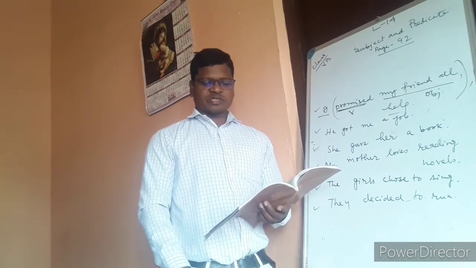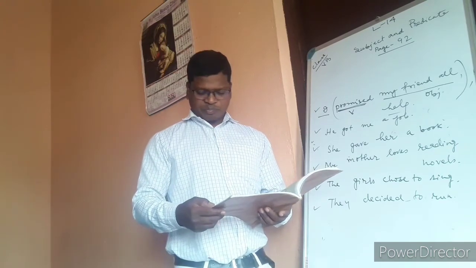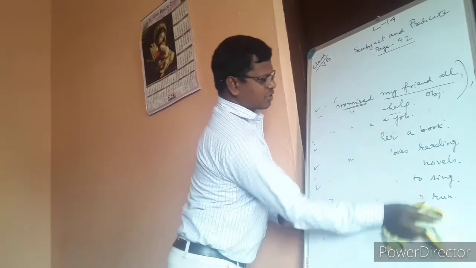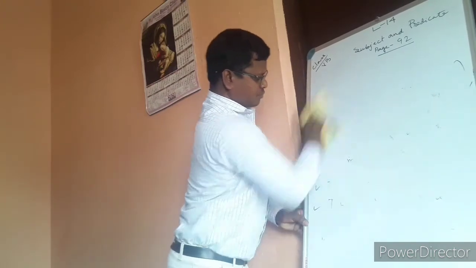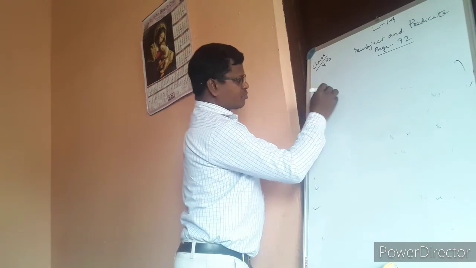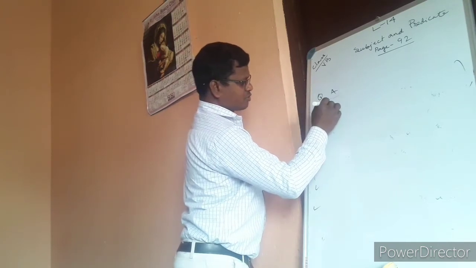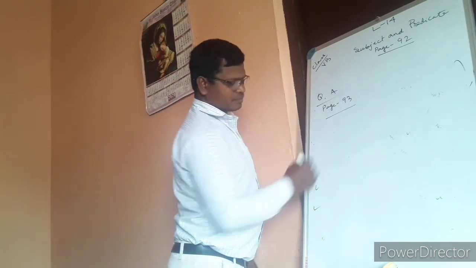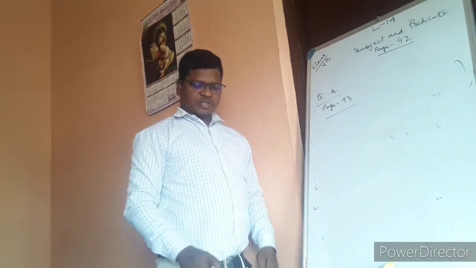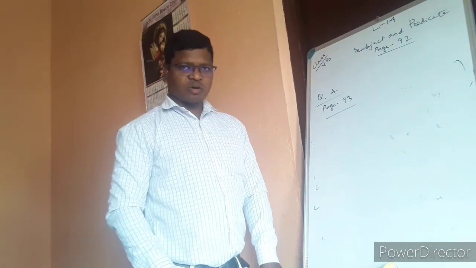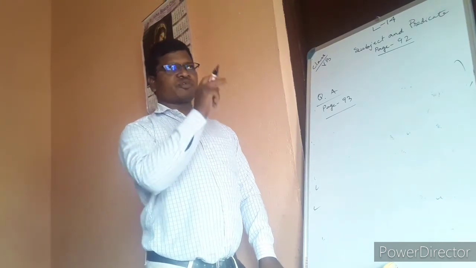Match the subjects with the correct predicates. From page number 93, we have exercise A. You have to match the subjects and the predicates. But when you write in the copy, do not simply draw lines from up to down.